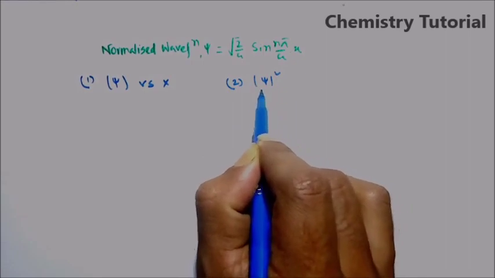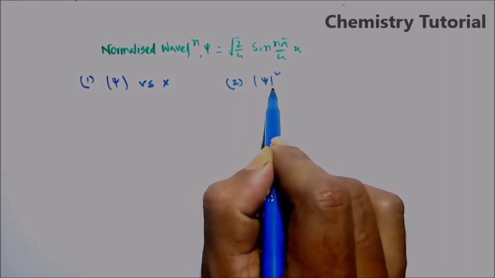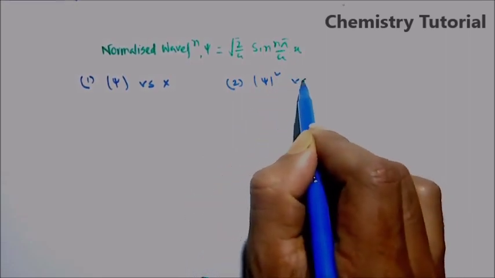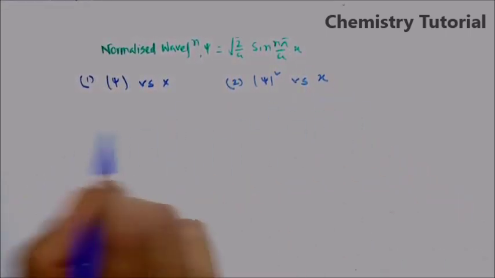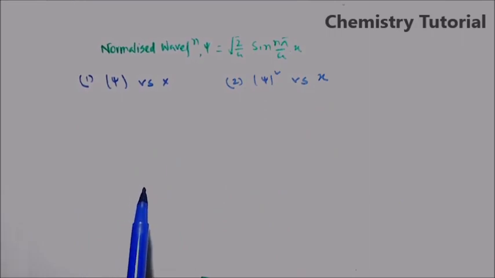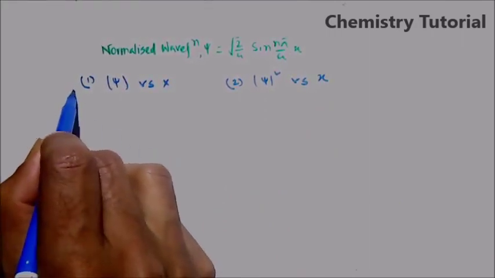This is how the probability of finding the particle inside the one-dimensional box varies with the dimension of the box. These two things we will discuss. First, consider the first one.